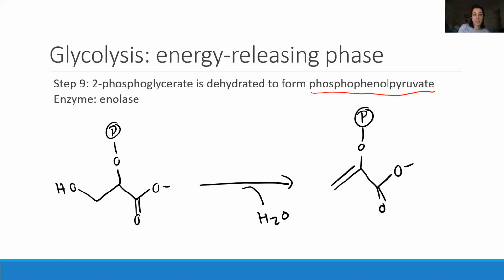So here we are taking enolase and dehydrating this alcohol to form a double bond and form phosphoenolpyruvate. So you can see that it's important to get to this stage where we can do this dehydration, that we move that phosphate to the 2 position in the previous step.